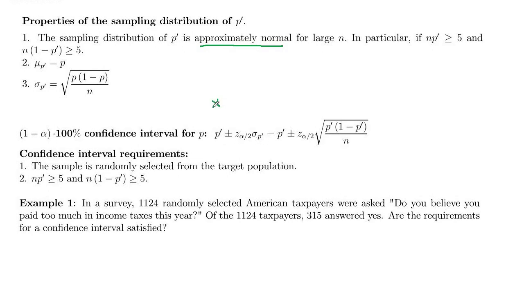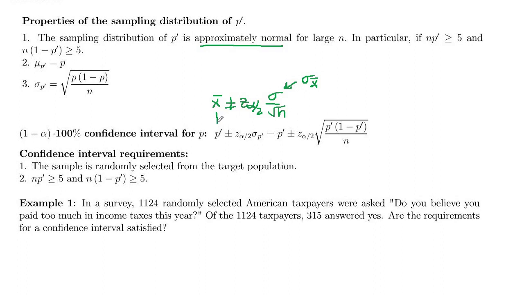Before with means, we took x bar plus or minus the z-value, z alpha over 2 for large samples when sigma was known, times sigma over root n. That was the standard deviation of the sampling distribution for x bar, sigma x bar.